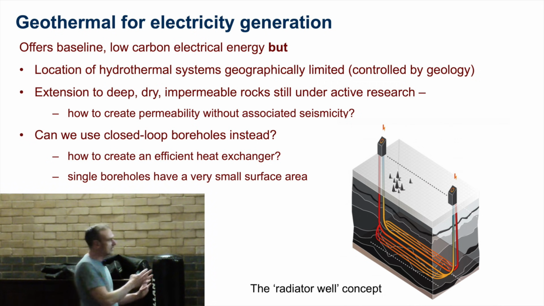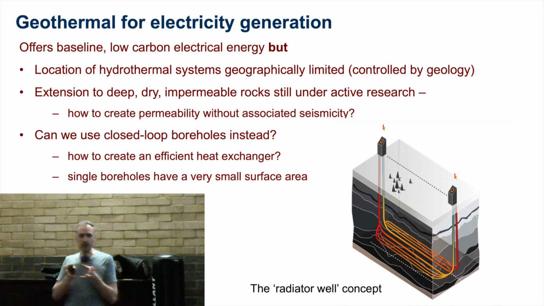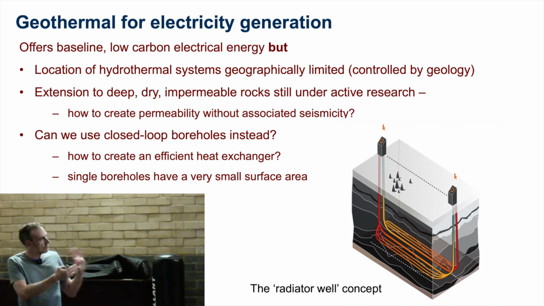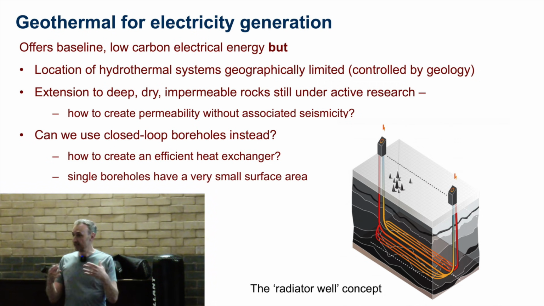So one of the things that's being looked at is whether we can use something called a radiator well. The problem with using wells on their own, as we'll see a bit later in the presentation, is that they're very poor heat exchangers because they have a very small surface area to exchange heat with the surrounding rocks. If you have a single vertical borehole, it has a very small surface area for that heat exchange.